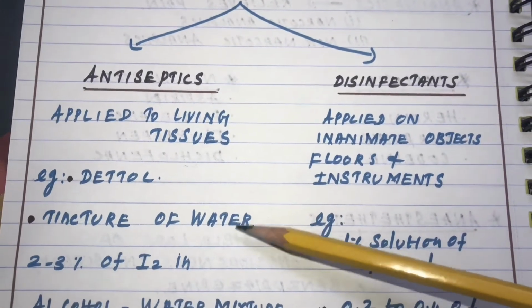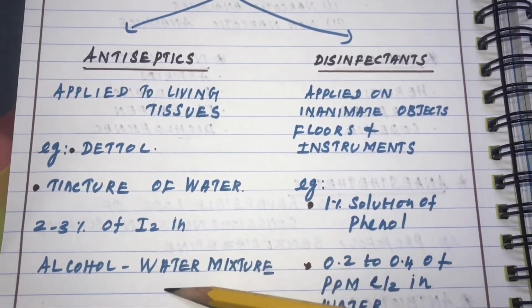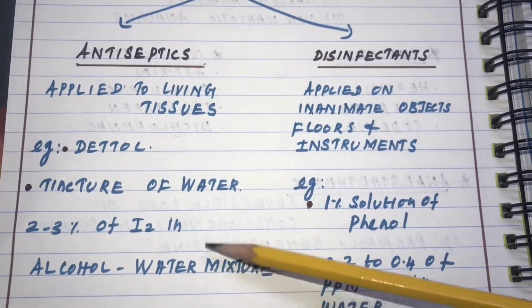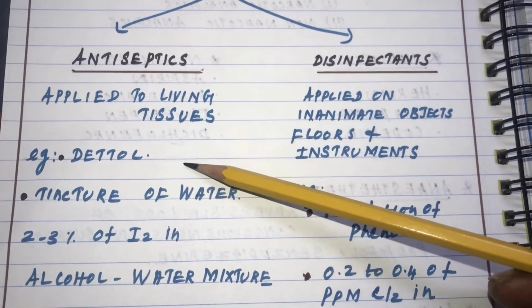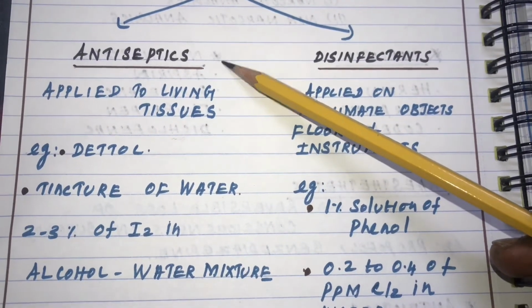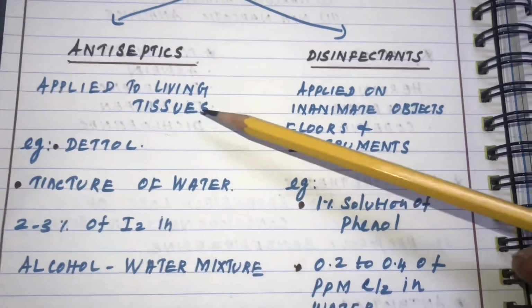What is tincture of iodine? 2 to 3% of iodine in an alcohol and water mixture is called tincture of iodine, and Dettol is called an antiseptic that is applied on living tissues.